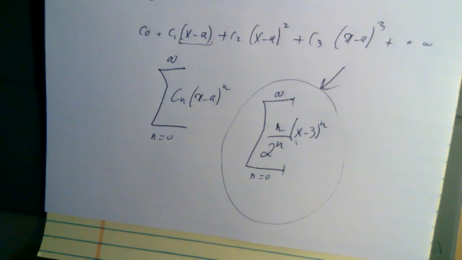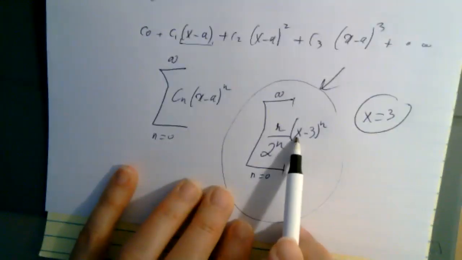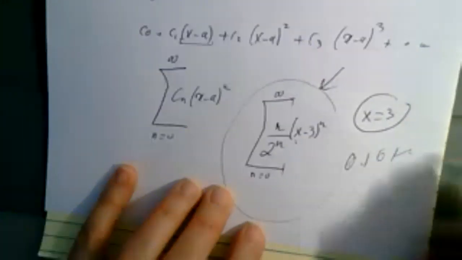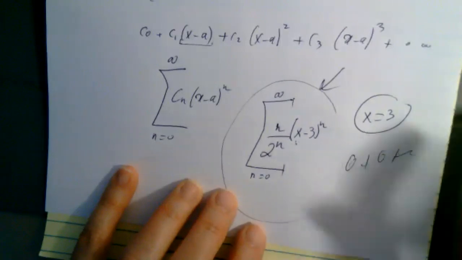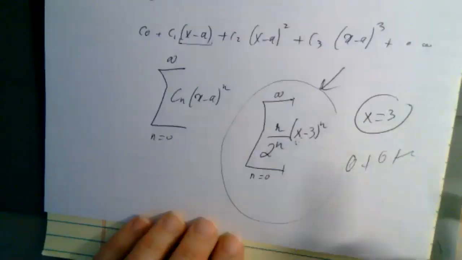Absolutely, x equal to 3, because if I put in x equal to 3, I'm going to have 3 minus 3, which is 0. I'm going to be adding a bunch of zeros, which is absolutely convergent. So that really just tells you that at least for x equal to 3, it converges.